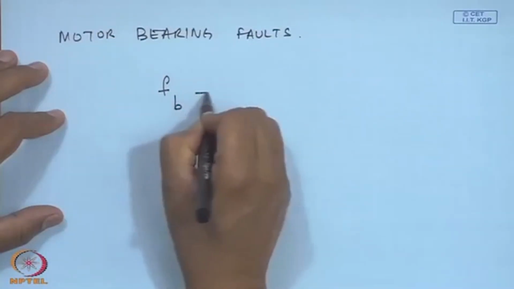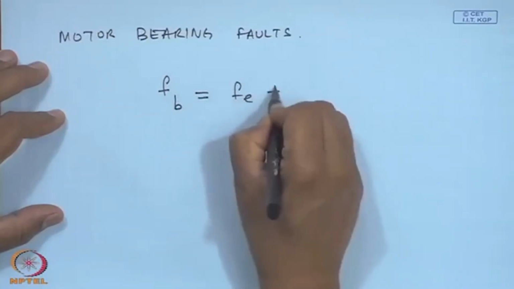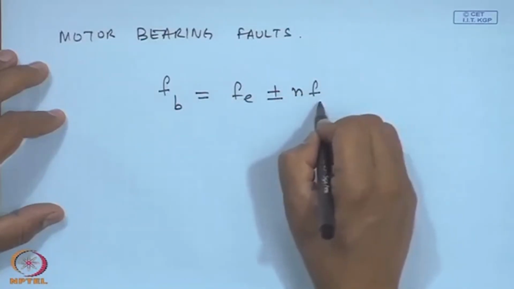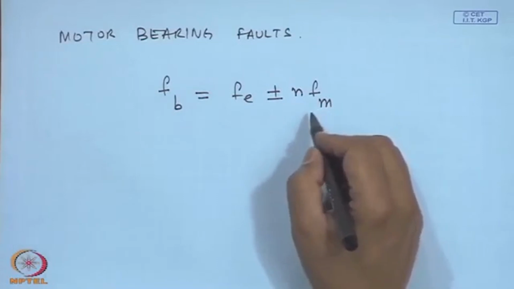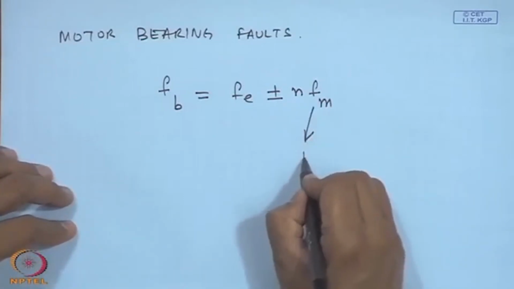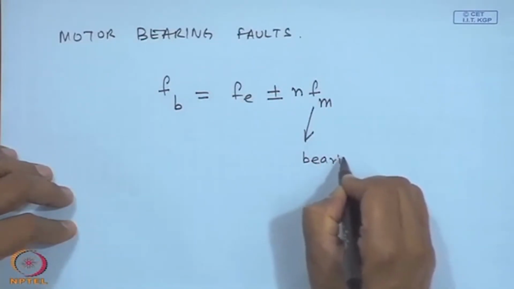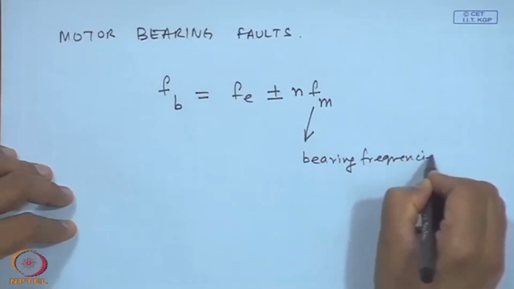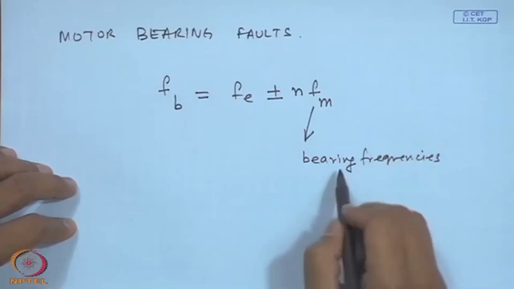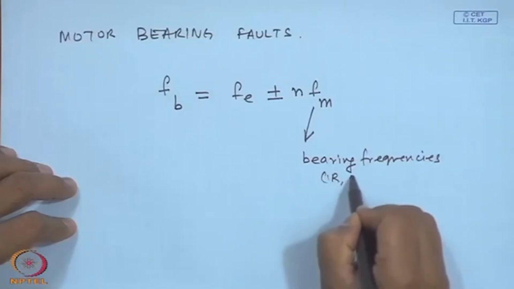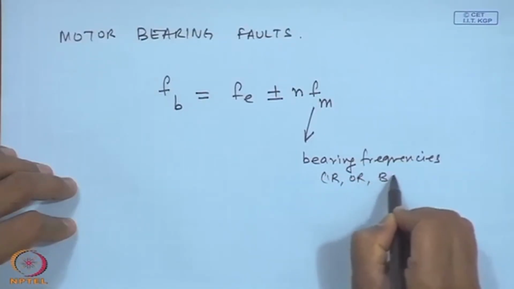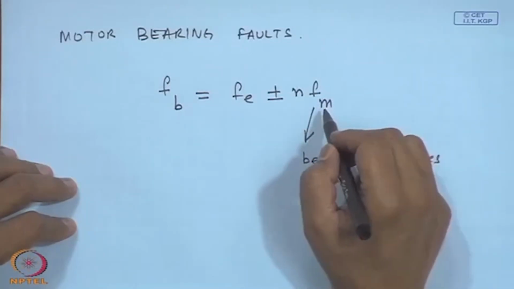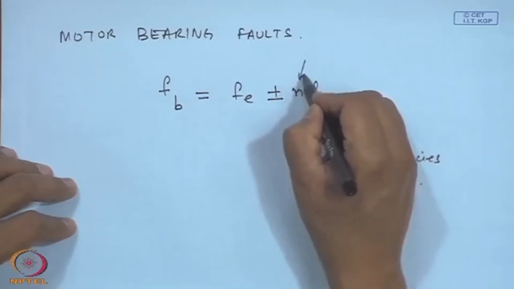So, the frequency will be nothing but the supply frequency plus minus some number, and these are nothing but the bearing frequencies. If the bearing has an inner race defect, outer race defect, ball spin, etc., these equations can come, these frequencies can be found out here, and these are integers.